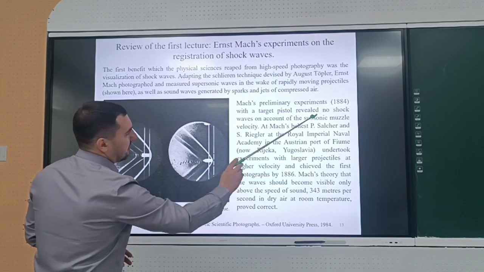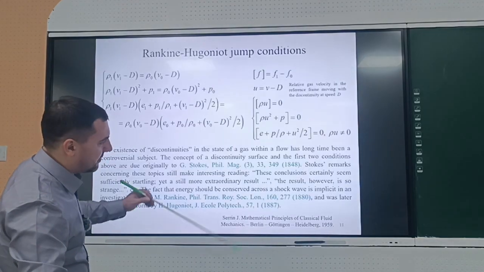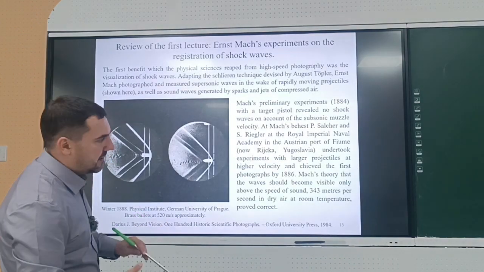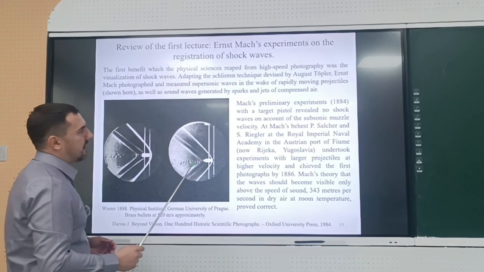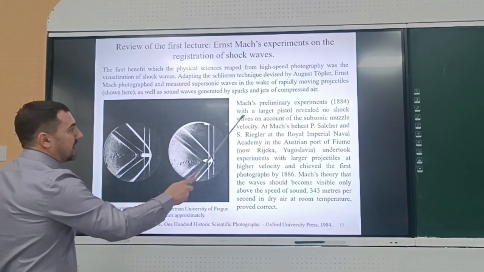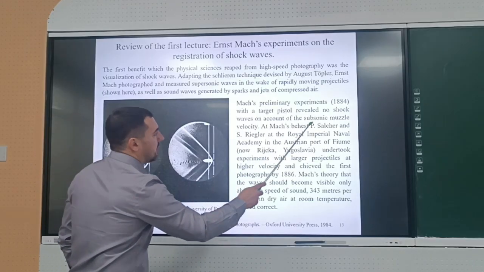It is interesting to know that at that time people investigated these effects theoretically and also experimentally. But it looks like in this case, in the 19th century, the experiments were first. Mach's preliminary experiments with an attached pistol revealed no shock waves on account of subsonic velocity.